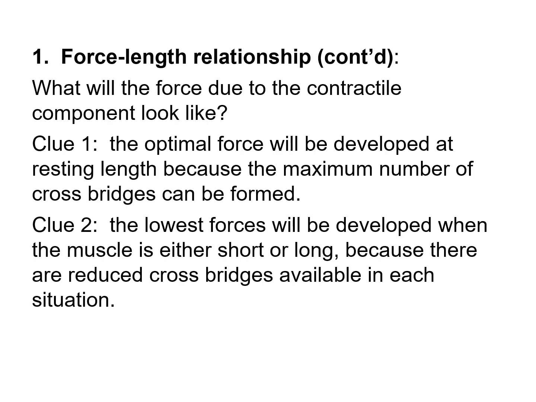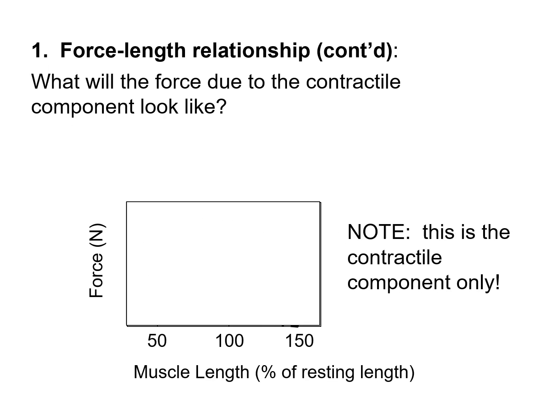What will the force do to the contractile component? The optimal force will be developed at the resting length because the maximum number of cross bridges can be formed. Those are the cross bridges between our actin and myosin filaments, which you should have seen in physiology. And the lowest force will be developed when the muscle is either too short or too long because there are reduced cross bridges available with each of these lengths.